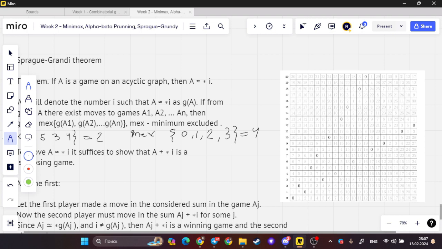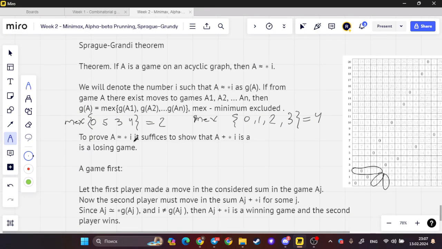For example, we have 4. How can we get it? We take the minimum excluded for this set and this set, and the minimum excluded for this set will be 4, and that's it.